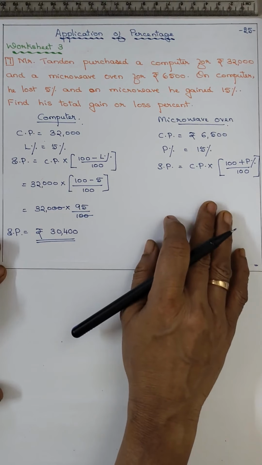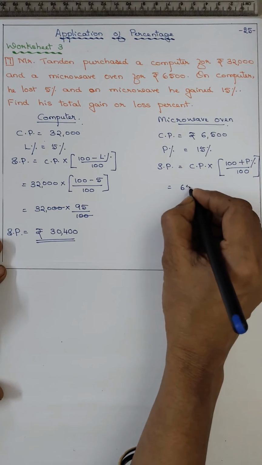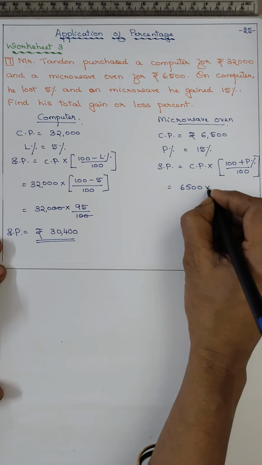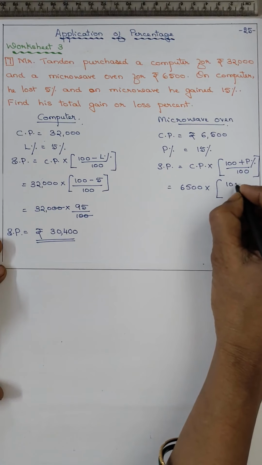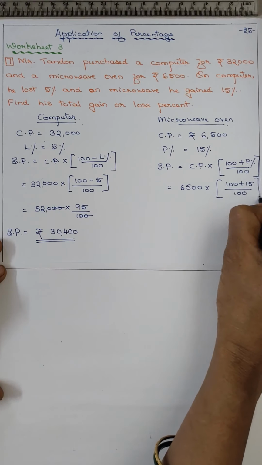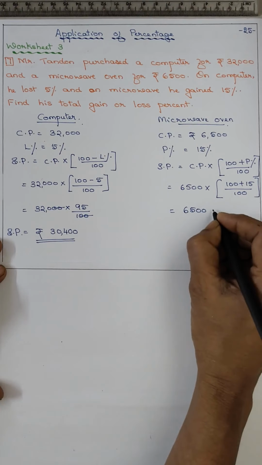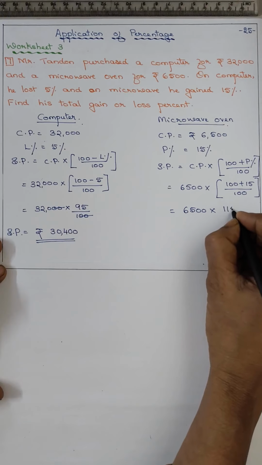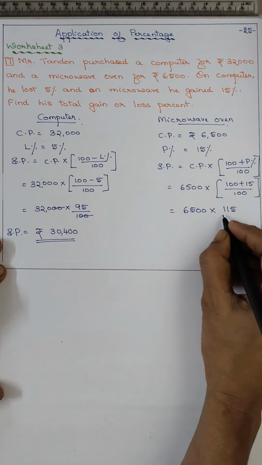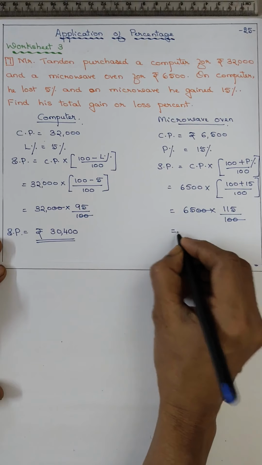Now on the microwave oven, put the value 6500 into 100 plus 15 upon 100. It is 6500 into 115, isn't it? 100 plus 15 upon 100, 20 cut.